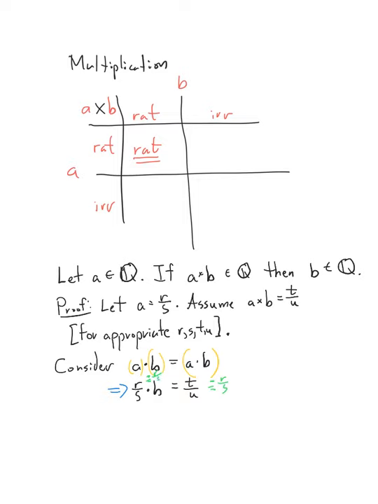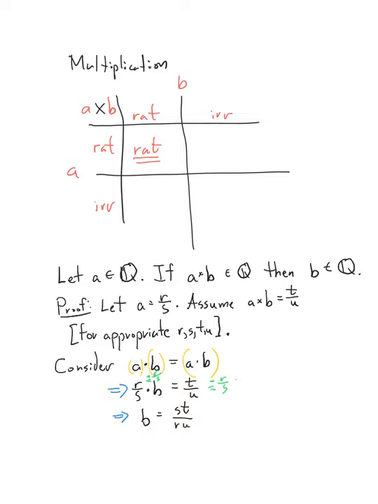So on the left-hand side, I'm just left with b. And on the right-hand side, I'm left with s times t over r times u, just multiplying by the reciprocal there.